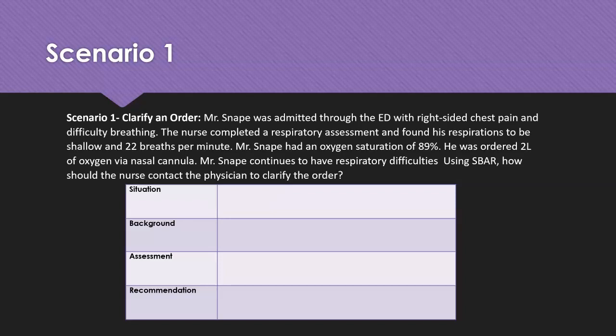And he was at 89% oxygen saturation. Is that normal saturation? He was ordered 2 liters of oxygen via nasal cannula. Okay, nasal cannulas, they have the little prongs, and they usually put people on that. And then you're calling to clarify the order. So we would stop and then we would go on to the next slide. So pause right here, you guys. Try to see if you can fill it out, and then let's move on. Okay.